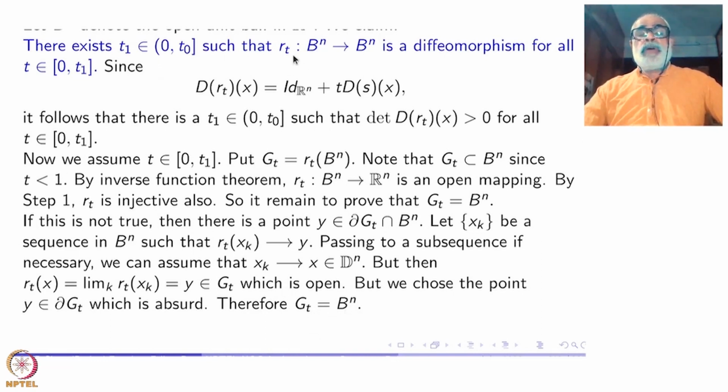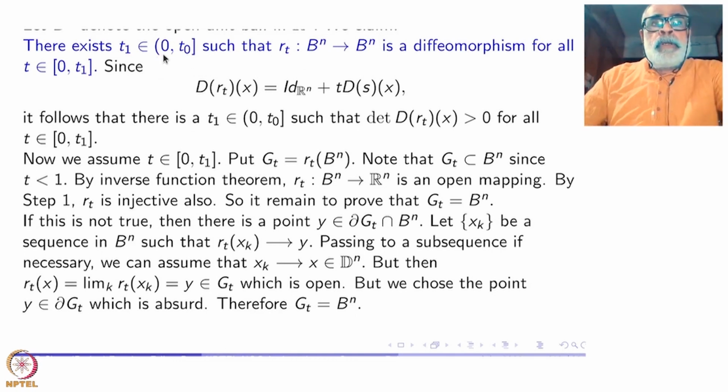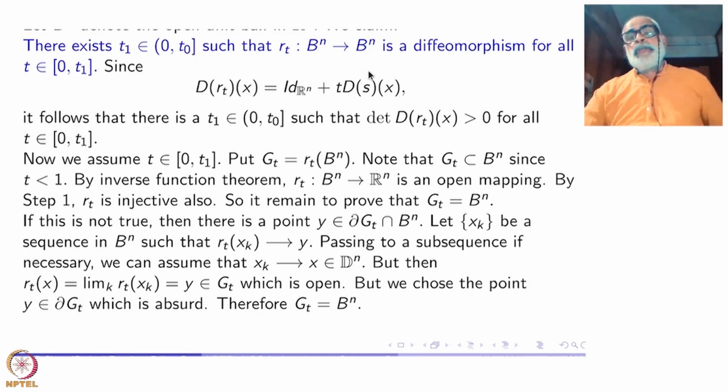So in 2 steps we have proved that we have located a positive number between 0 and 1 such that for all points inside that one, Rt is a diffeomorphism onto the entire Bn.